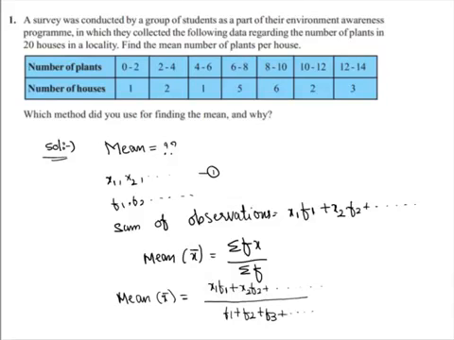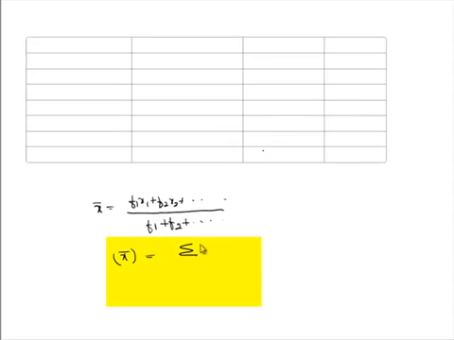Let's move to next slide. Here, as we got x bar is equal to f1 x1 plus f2 x2 and so on by f1 plus f2 and so on, we can write it as x bar is equal to sigma fi xi, where i varies from 1 to n, by sigma fi.